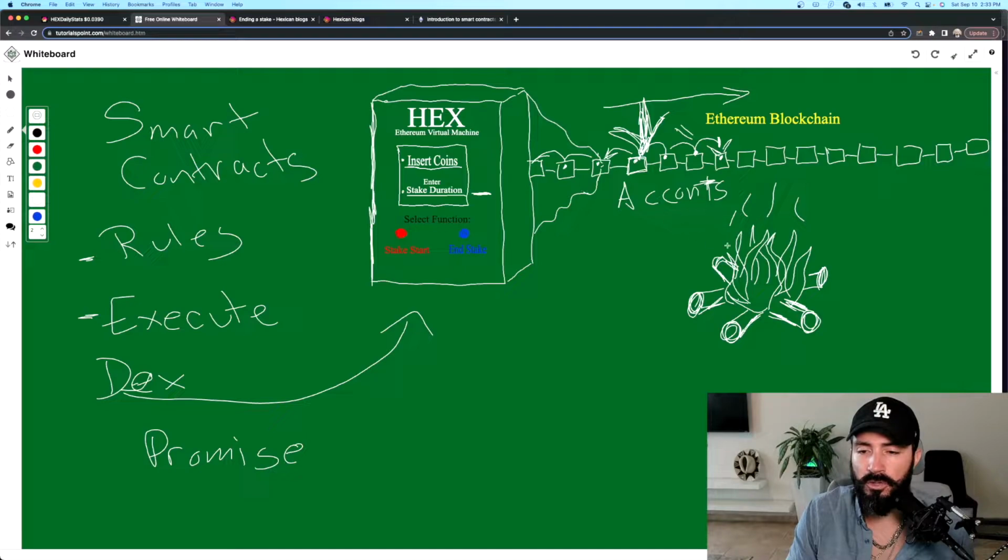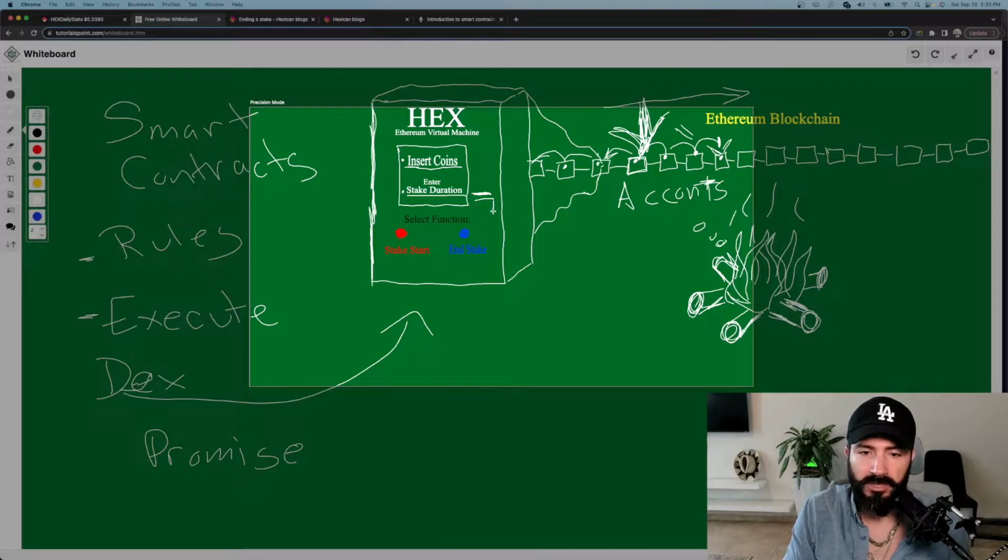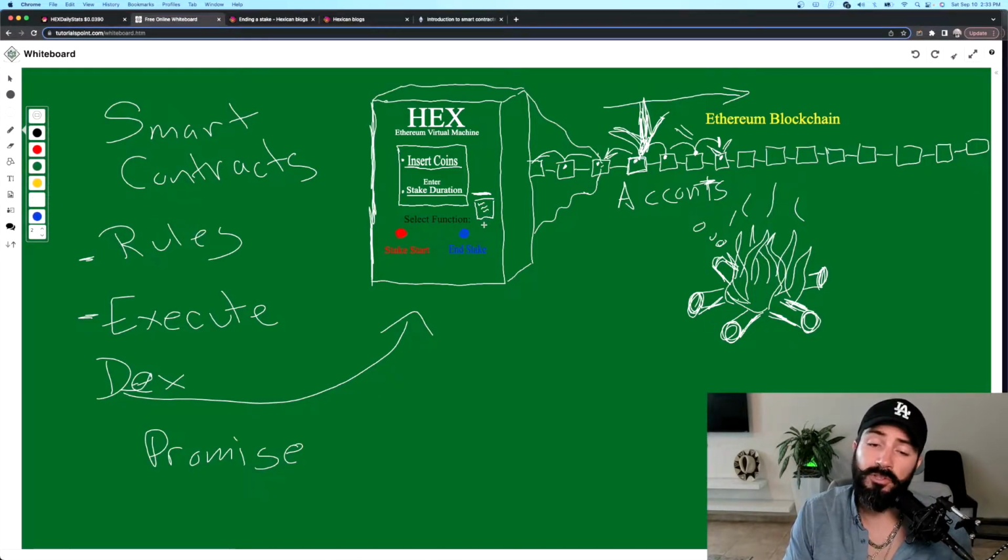It burns those coins. That's why I have this fire. So you throw those coins in the fire, but then it prints out like this little slip. It doesn't really, but it's digital, so it kind of does. And it's like a receipt, and it gives you your T-shares, like I explained in the previous video.